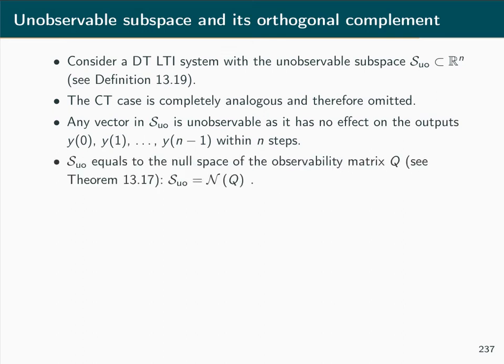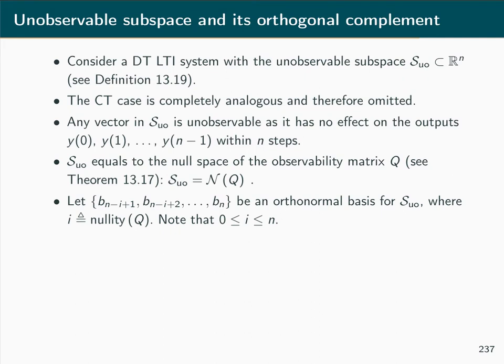Recall from the proof of Theorem 13.17 that the unobservable subspace S_UO equals the null space of the observability matrix Q. So we can write S_UO is equal to the null space of Q. Then we let b_(n-l+1) up to b_n be an orthonormal basis for S_UO, where l denotes the nullity of the observability matrix Q, and clearly l is some integer between 0 and n.